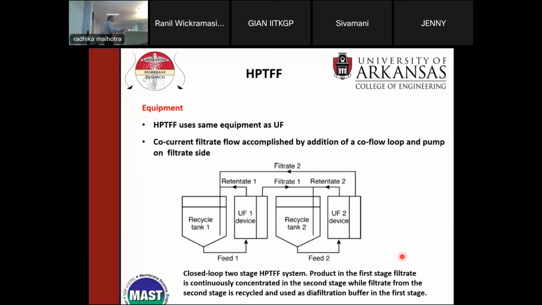Okay, so equipment. TFF uses the same filtration, co-current filtration accompanied by the addition of a co-flow loop on the filtrate side. Here's an example of a process, so it doesn't have to be one stage, it can be multi-stage. Here's an example of a two stage. To see what happens, this is recycle tank 1, your feed tank 1, it goes into the membrane device and your retentate comes back. Okay, the permeate comes out of here, and this goes to recycle tank 2.